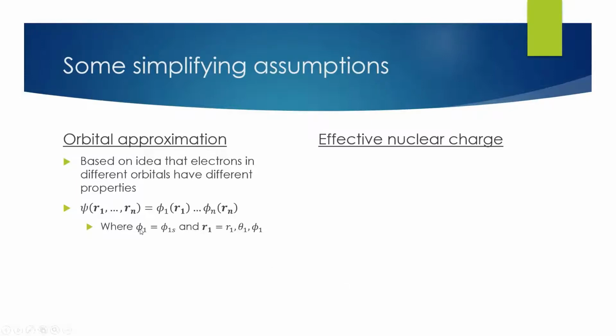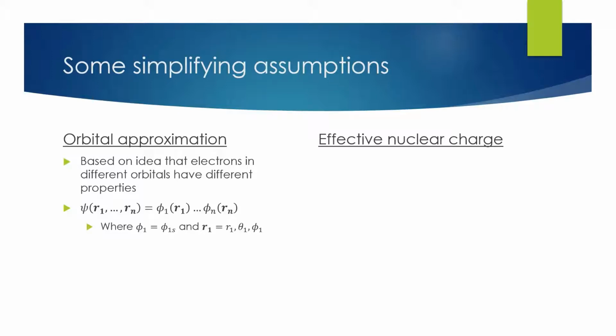And so in this case, we would have our phi1, which would be, say, the 1s orbital, and then we have our variables here, r1 theta1 phi1, and we could say maybe we have 2 electrons in the 1s orbital, 2 electrons in the 2s orbital, 4 electrons in the 2p orbital, and that's our wave function. And this is a pretty good approximation because we know this is something that's pretty true, that electrons in different orbitals do behave differently. So we can roughly split this wave function apart.